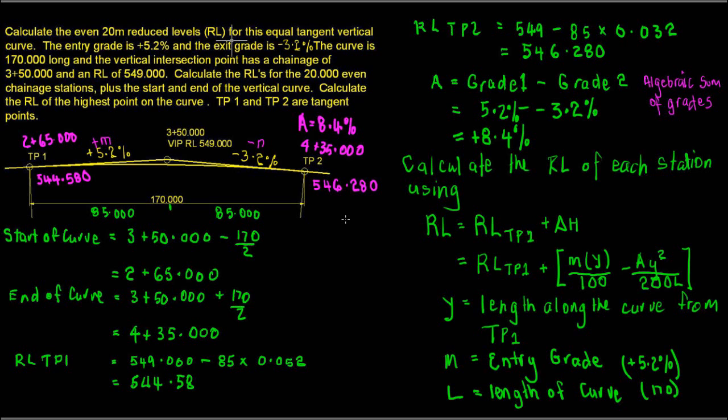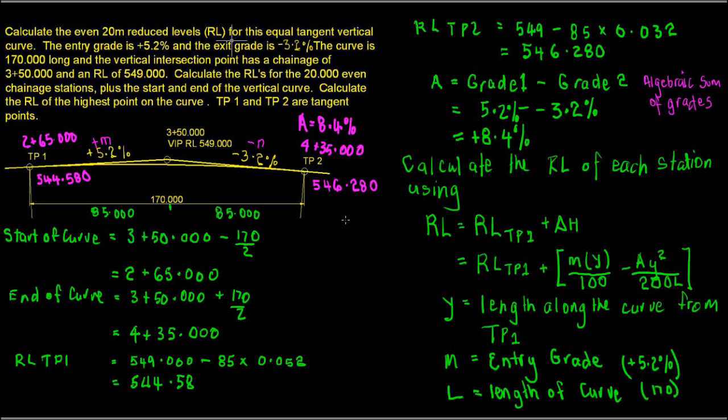So we're going to calculate the even 20 metre reduced levels for this equal tangent vertical curve. The entry grade is plus 5.2% and the exit grade minus 3.2%.